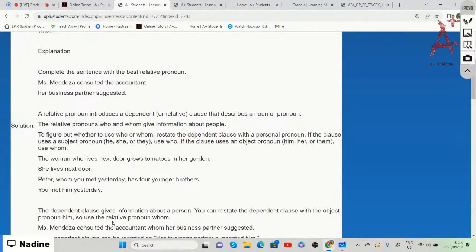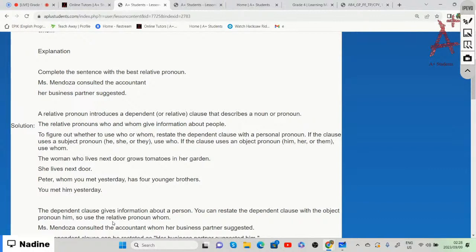And the relative pronouns who and whom give information about people. That is why I was saying when it comes to who and whom, it tells us about people. So if you see who or whom, then you must know it is directly related to people.